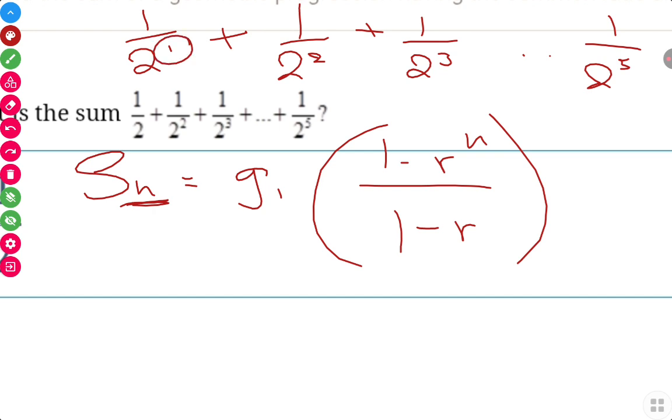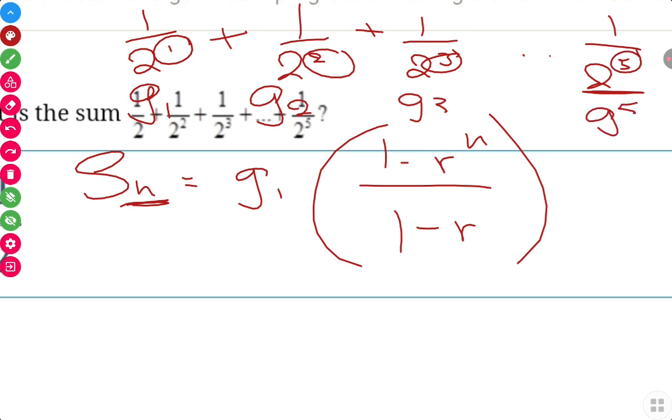So in G1 the power is 1, in G2 the power is 2, in G3 the power is 3, in the last term the power is 5, which means that the last term is G5, and the n of the last term is always the number of terms you have. So G5 means we have 5 terms. So n, the total number of terms, is 5.